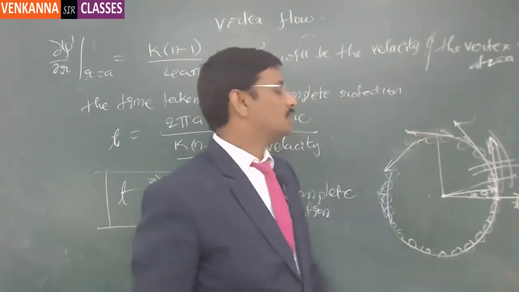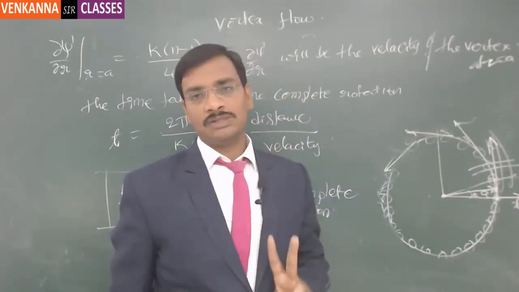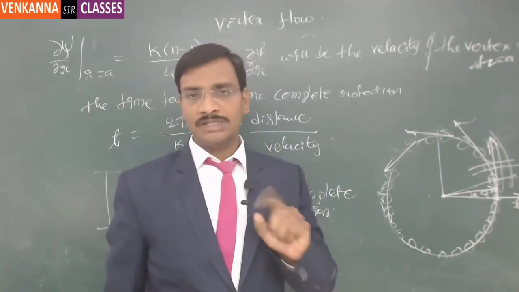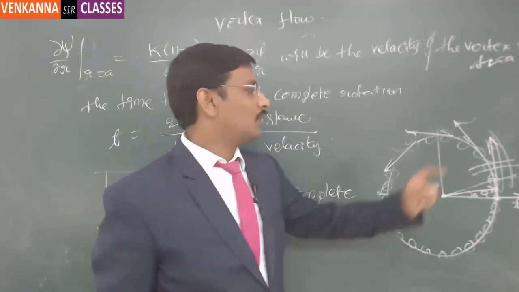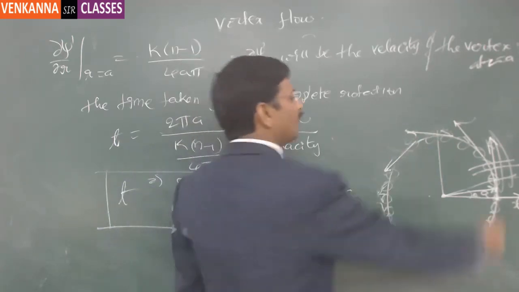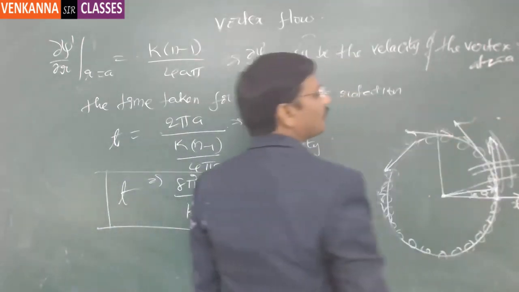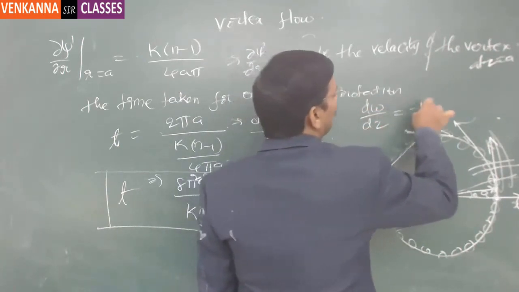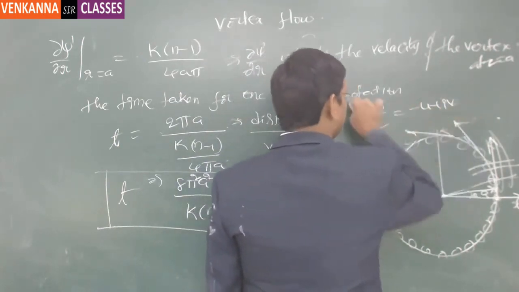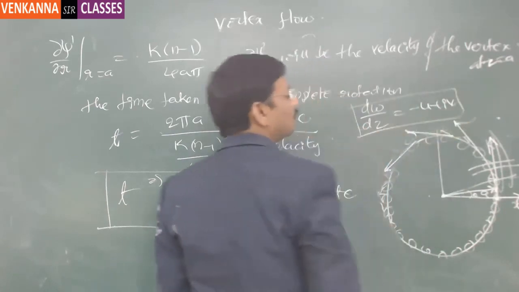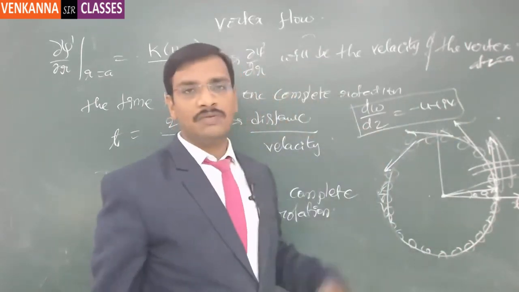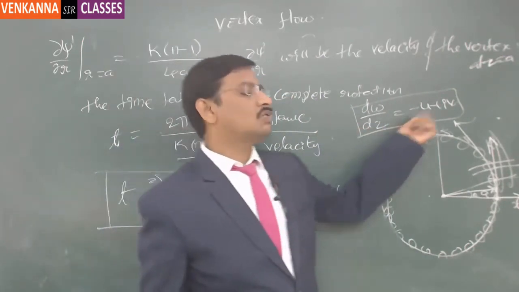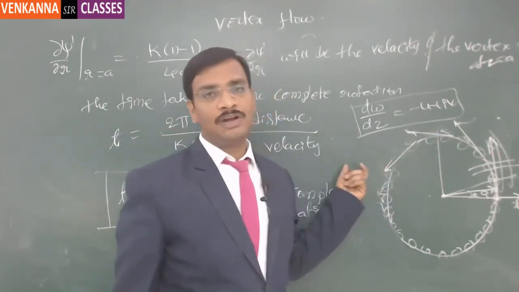So this is one fact. Now from this, two different things I found. In both the cases, what he asked is to find the velocity. That is the one simple question. If you want to find the velocity at any random point, we always have the relation dw/dz equal to minus u plus iv. This is one relation. The way he derived it in the textbook is dw/dz equal to minus u plus iv, but he opted for a different approach.